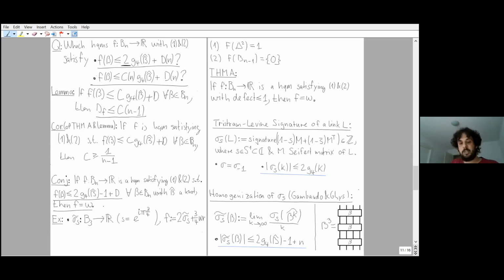So that's my conjecture, which will give a nice characterization. So you can think of theorem A as the characterization using the defect of the fractional Dehn twist coefficient, and secondly, this conjecture, if true, would characterize the fractional Dehn twist coefficient using a slice-Bennequin type property.